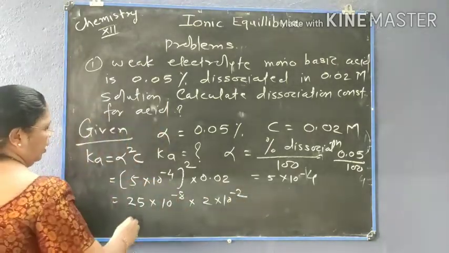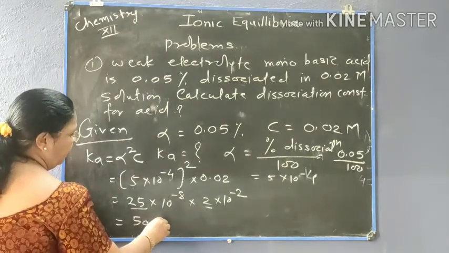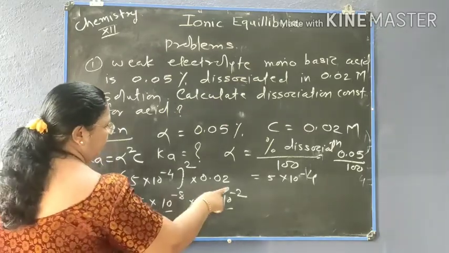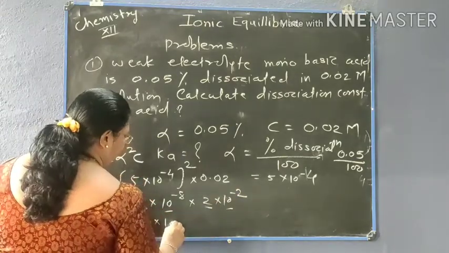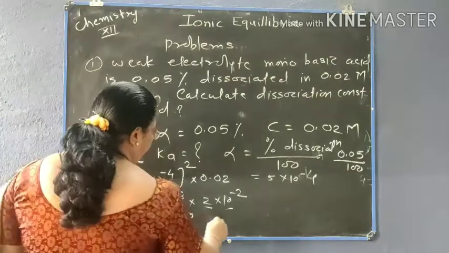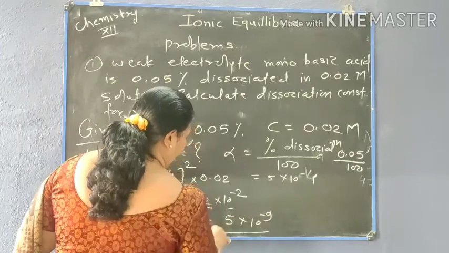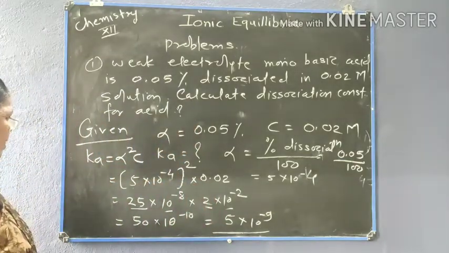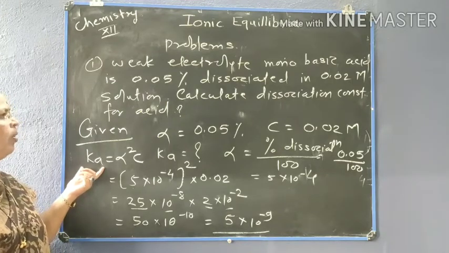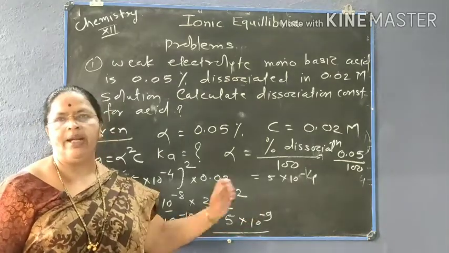Twenty-five 2s are 50, so 50 into 10 raised to minus 8 plus minus 2, that is 10 raised to minus 10. This can be written as 5 into 10 raised to minus 9. So the dissociation constant for the weak monobasic acid is 5 into 10 raised to minus 9.